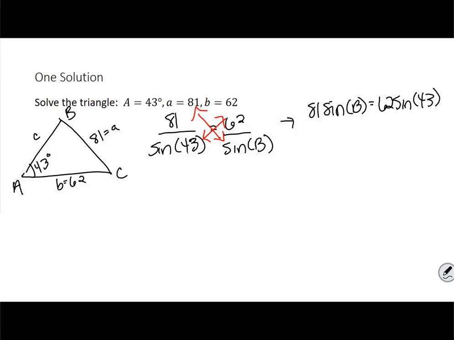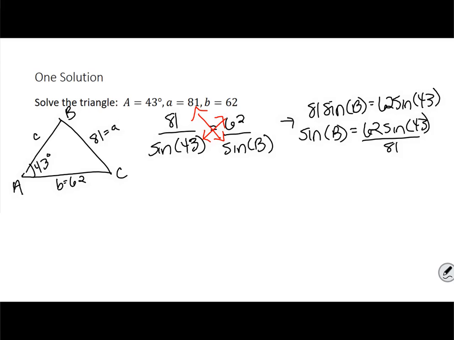So that means sine of angle B equals 62 sine of 43 over 81.